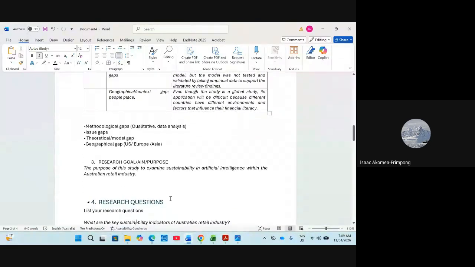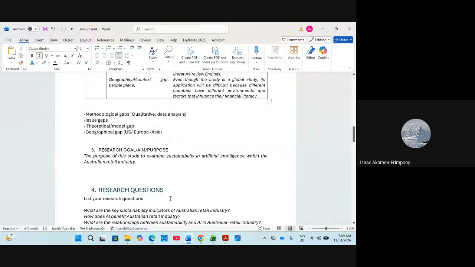What is the next section? The next section is, once you finish writing your gap, you go ahead by saying that on the basis of these issues or these gaps, my purpose, as far as my study is concerned, is that I'm addressing, I'm examining, I'm investigating, I'm exploring, so and so.